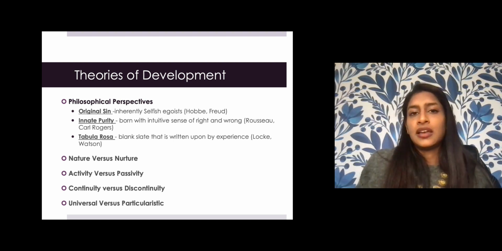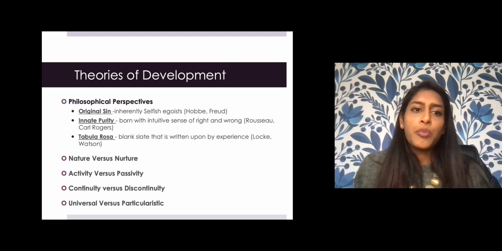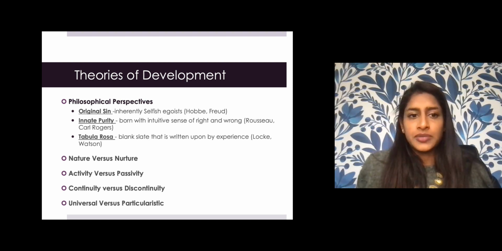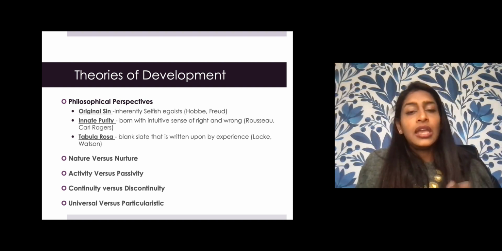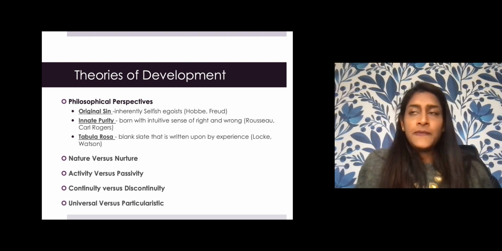So the first is called original sin. It's this idea that children, when they are born, are inherently selfish, right? That they want to do things only for themselves. Another theory of development is called innate purity. Here, this theory suggests that when we are born, we have an understanding of what is right and wrong, that we are born with this.